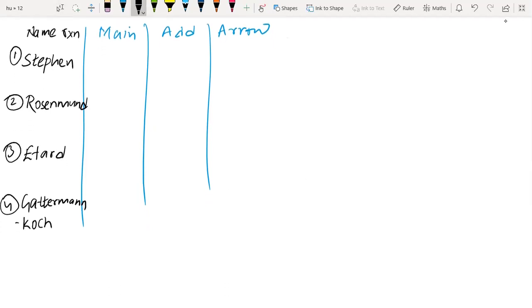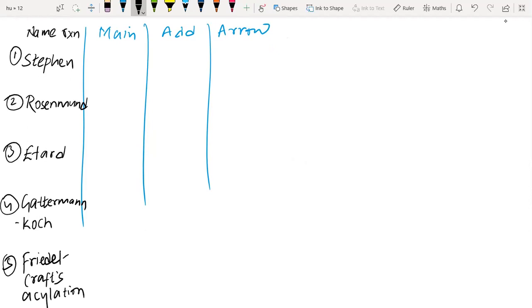So I'm just writing Gattermann-Koch reaction. One more we'll put here, that is Friedel-Crafts acylation. That is for ketone actually.